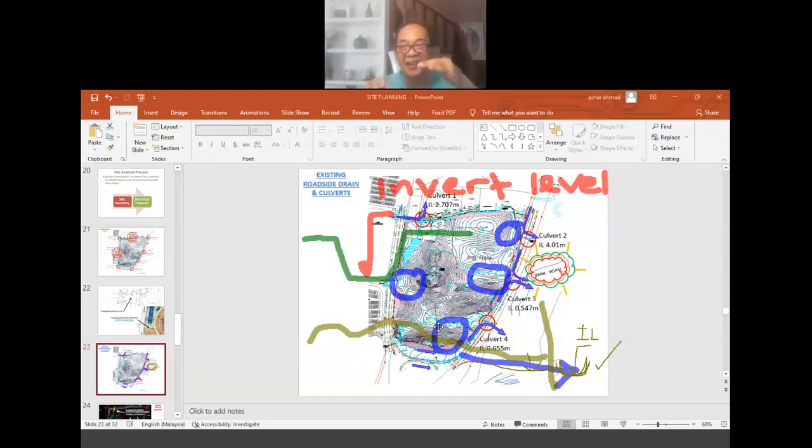So naturally, the level should not be lower than the drain level. It must be sama ataupun slightly higher. And the same thing over here, 2.7. So zoning di sebelah sini would be around 2.75, katakan. So then water can be released kepada the existing culvert at 2.7.